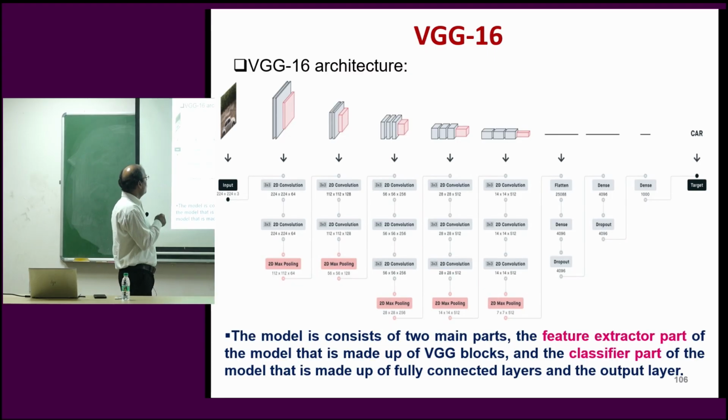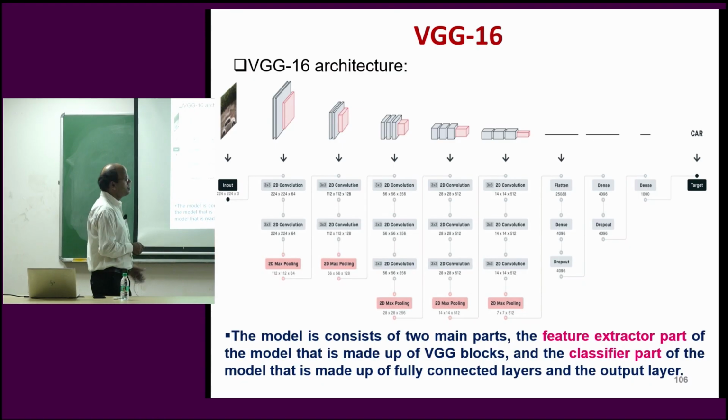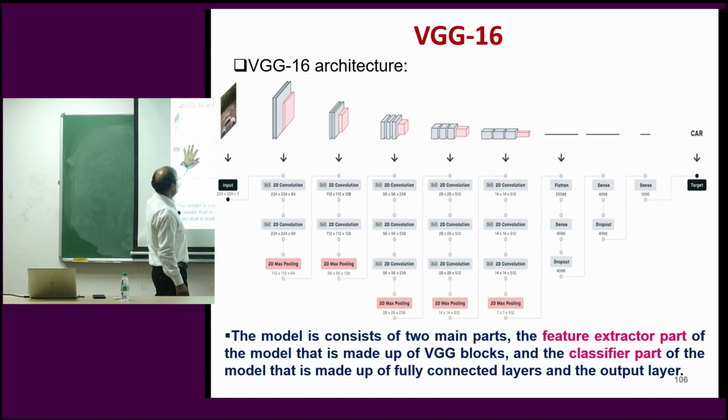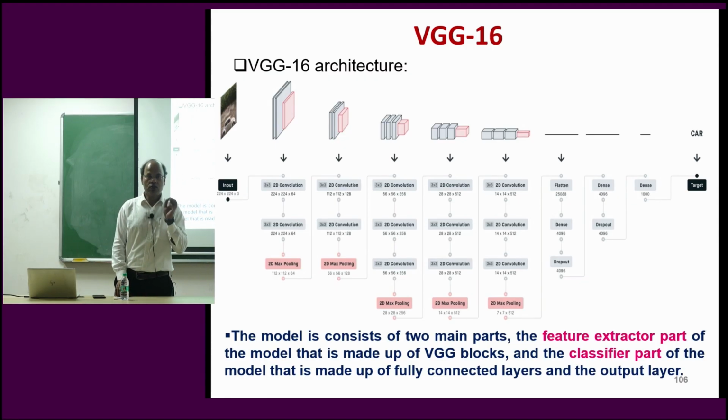Input data is a 224 cross 224 cross 3 color image, and then we do the 2D convolution with a kernel size of 3 cross 3, and here we also use zero padding. I told you the concept of zero padding. So after convolution we get 224 by 224 by 64. 64 means that at this layer they used 64 filters for the 2D convolution operation, so 64 different features were extracted.